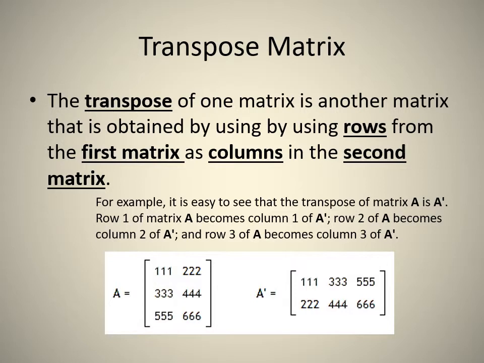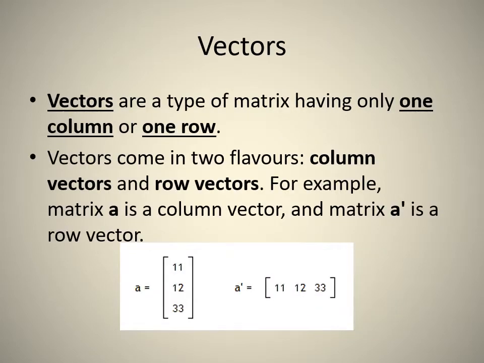So basically your columns will become your rows in a matrix, and the transpose is then a 2 by 3, like we said. Also a simple thing to note, but that can be very important later on when we do the calculations.